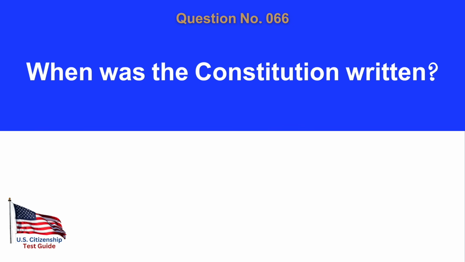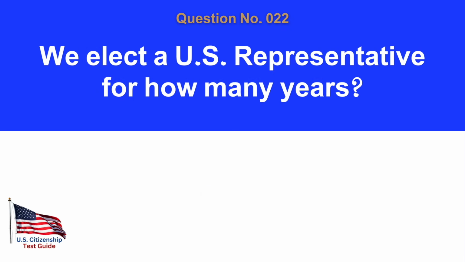When was the Constitution written? 1787. We elect a U.S. representative for how many years? 2.